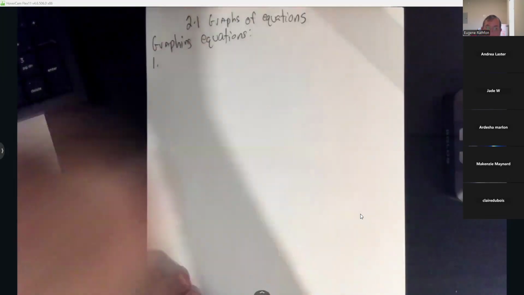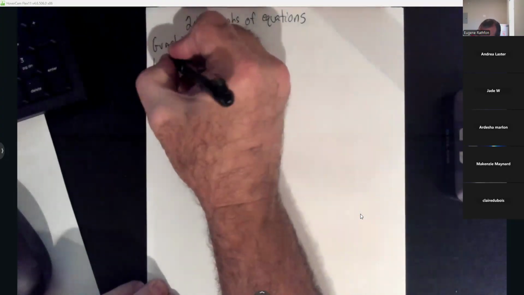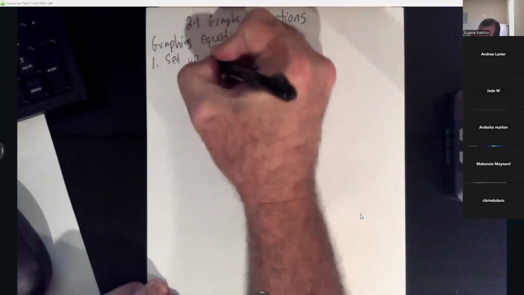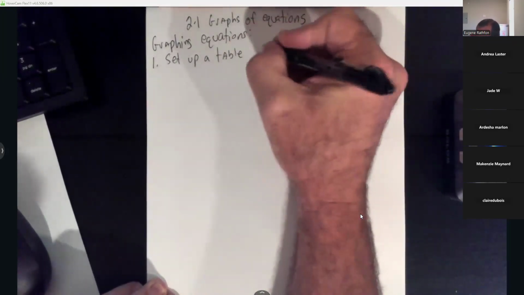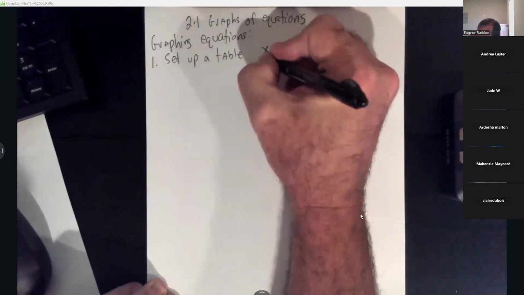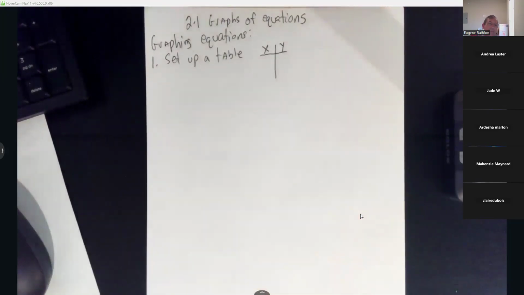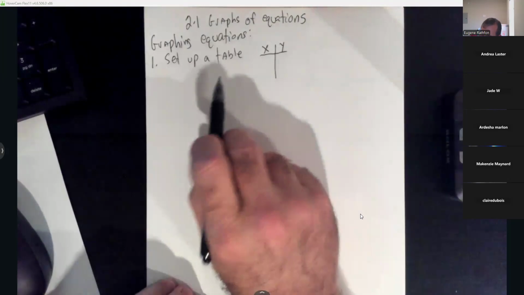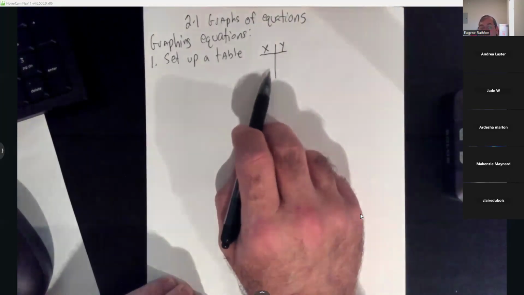Okay? So the table method is where you're going to set up a t-table. All right, so a t-table is going to have your x's and your y. So the basic way you drew lines was using a table.